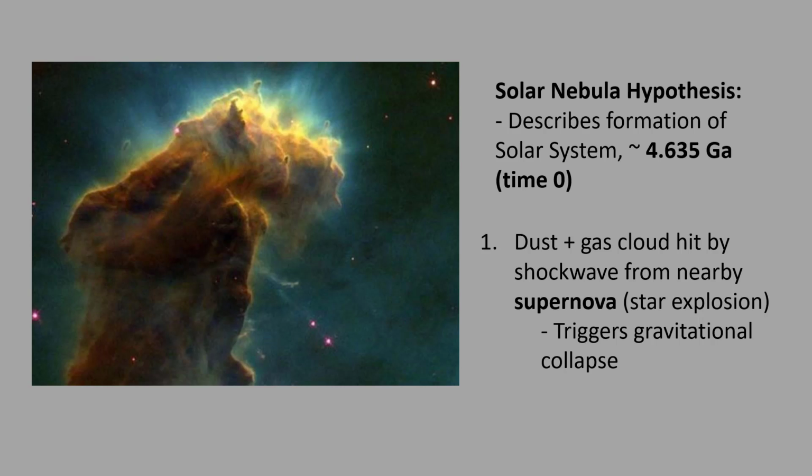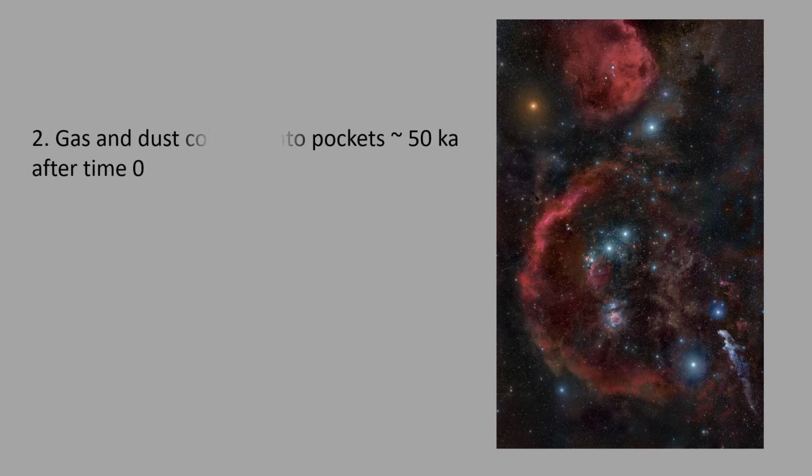As soon as they started in motion, they started responding to gravity, becoming attracted to one another based on their own mass. This gravitational collapse resulted in the creation of little gas and dust pockets about 50,000 years after time zero. So you have this very slow, 50,000 year long collapse of dust and gas into these pockets.